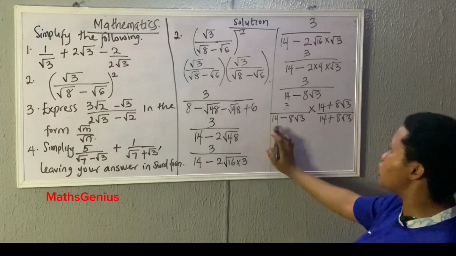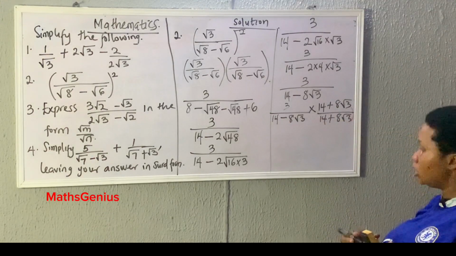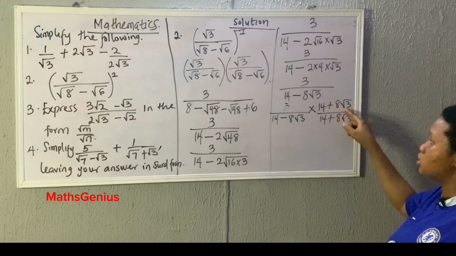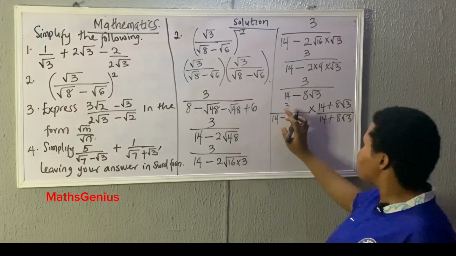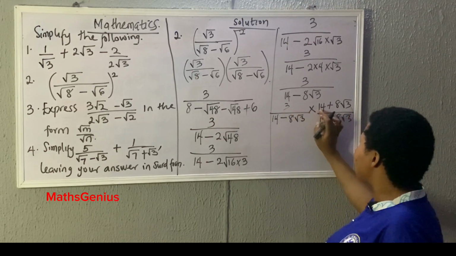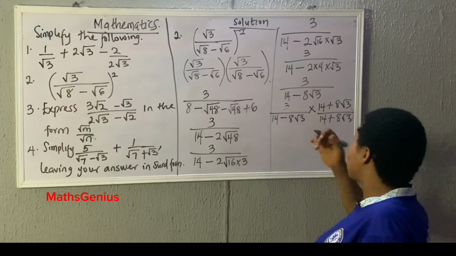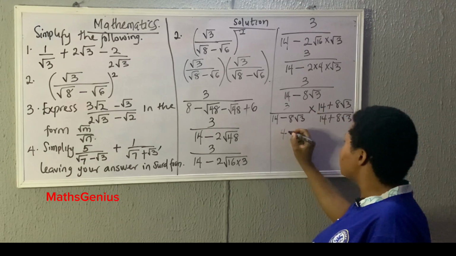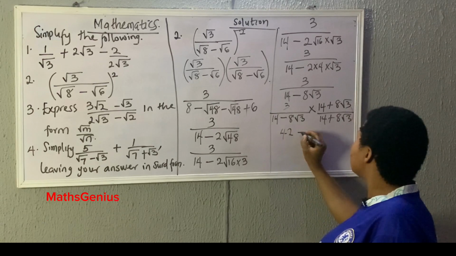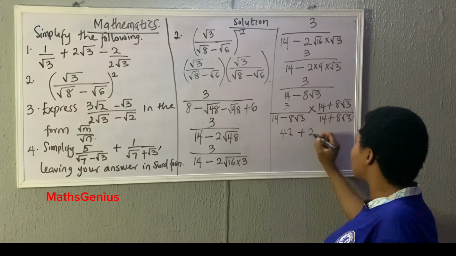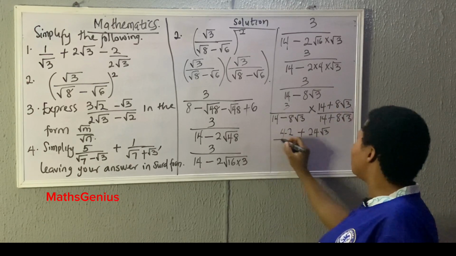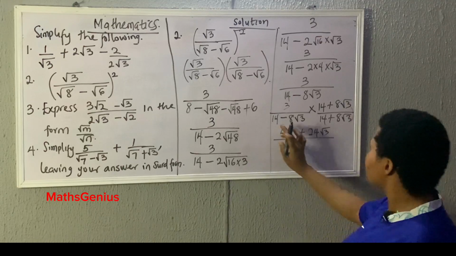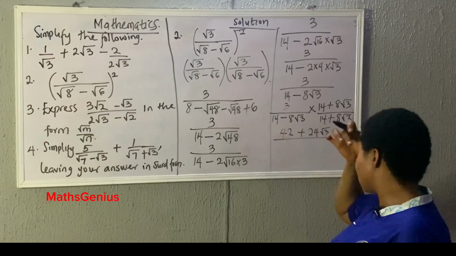The conjugate of 14 minus 8 root 3 is 14 plus 8 root 3. So now let's open the brackets. Let's multiply. 3 times 14 will give us 42, plus 3 times 8 will give us 24 root 3, over 14 times 14.